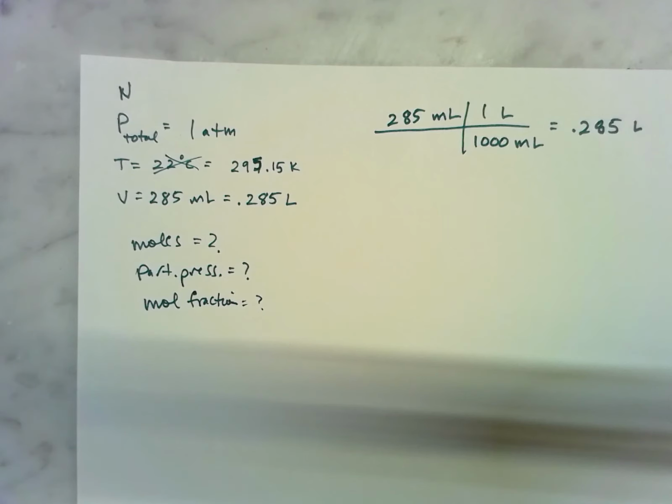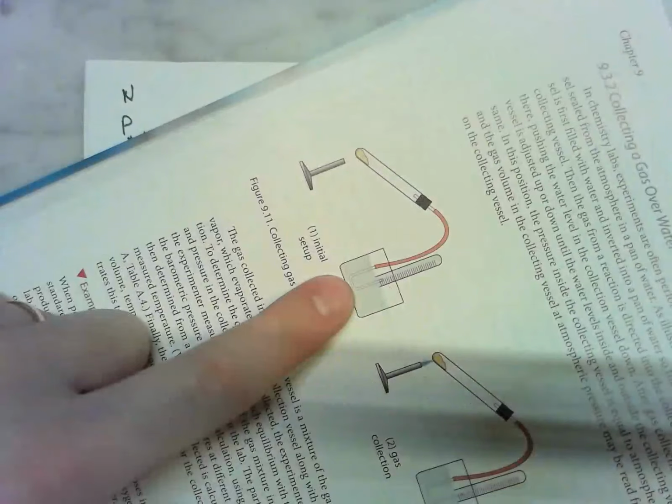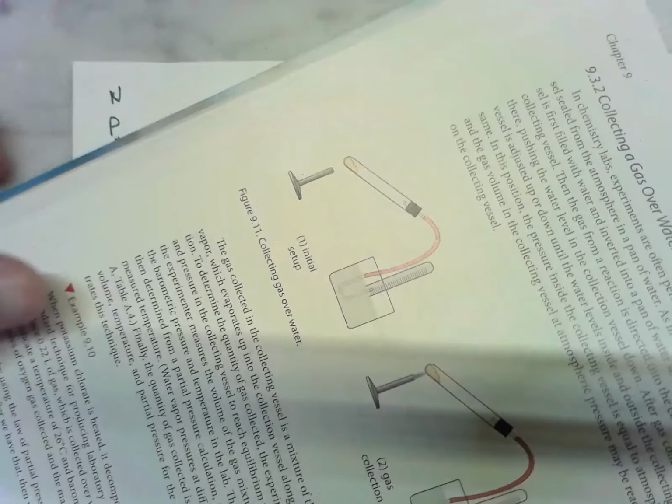All right, so what are we talking about here? The deal is, even before you collect anything in that apparatus, and remember, this is the apparatus we're looking at here, this guy on page 246, if you want to look back at it.